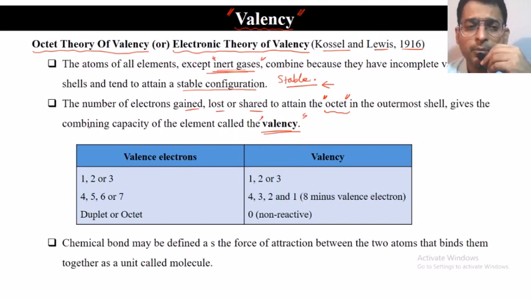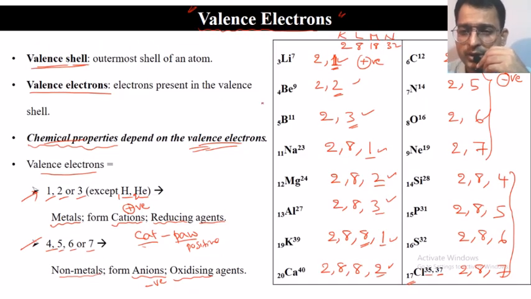Valency is the combining capacity of the element, the ability of the element to chemically react with other elements. What is an octet? That is a total of 8 electrons. Like here we are seeing, maximum 8. Here also 8 has to be filled up. Then only it will go to the next, not more than 8.